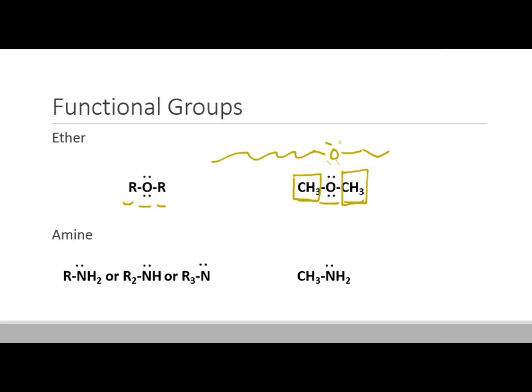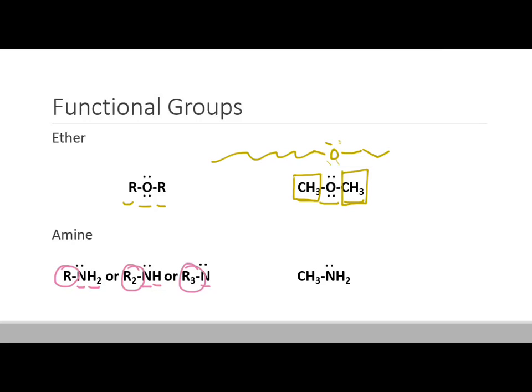So, all right, the next would be amines. Now, amines are kind of weird. So, this is where you have a nitrogen within your molecule. And it could be a nitrogen with 2 hydrogens on it. It could be a nitrogen with just 1 hydrogen, or it could just be a nitrogen. Now, notice here I'm attached to 1 carbon chunk. Here I have 2 carbon chunks, and here I have 3 carbon chunks.